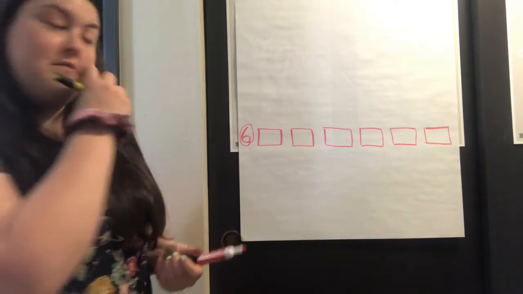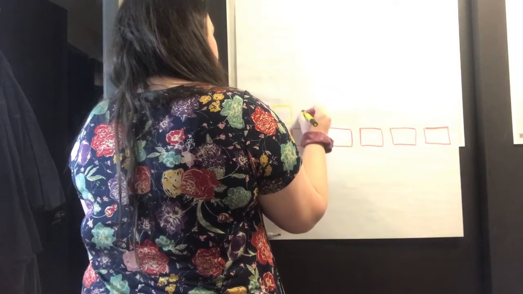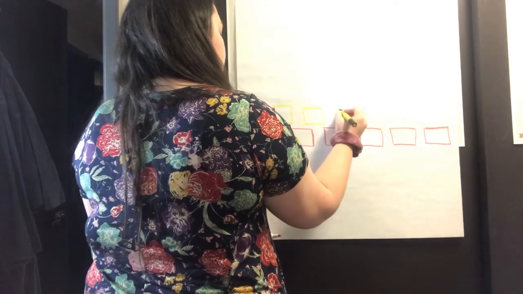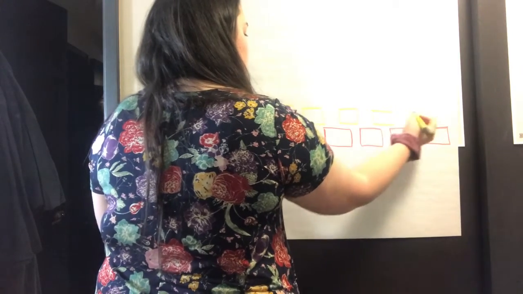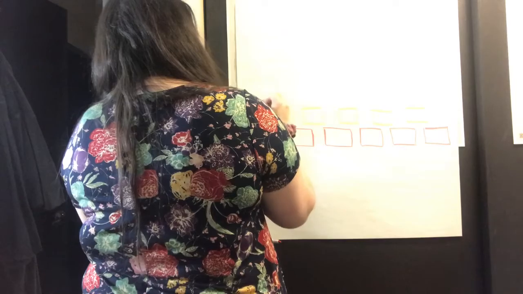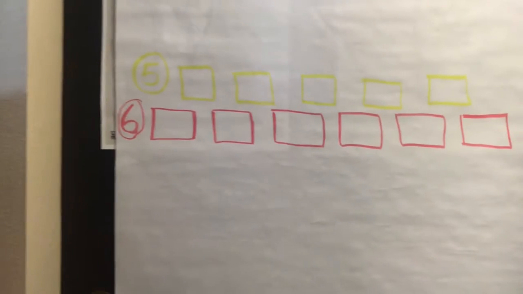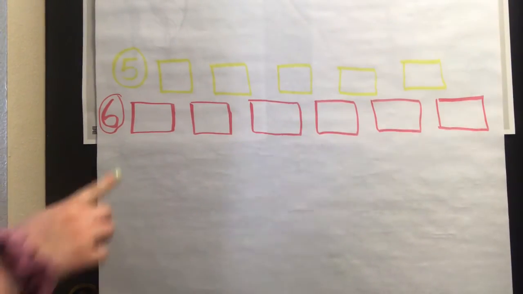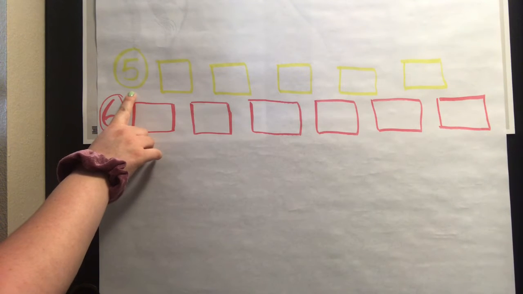There were 5. I'll bring you closer since it's in yellow. So there were 6 red squares and 5 yellow squares.